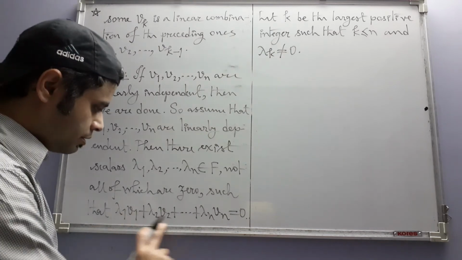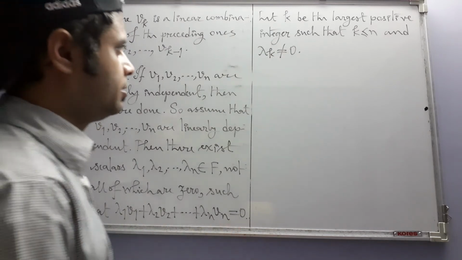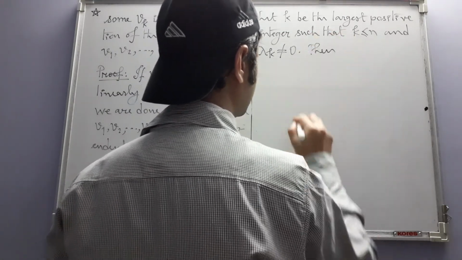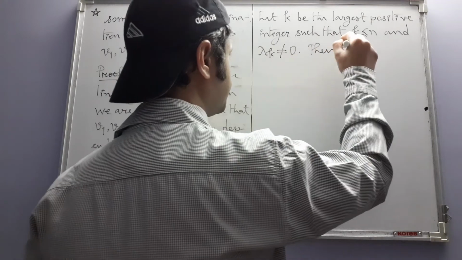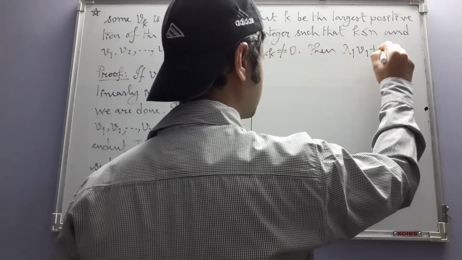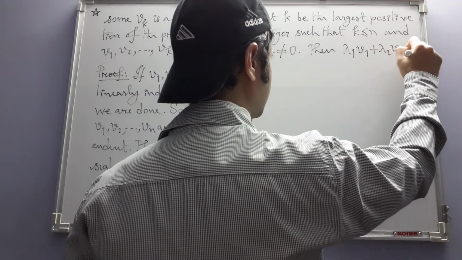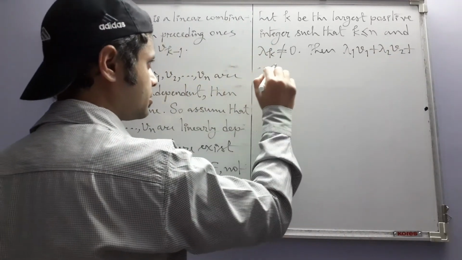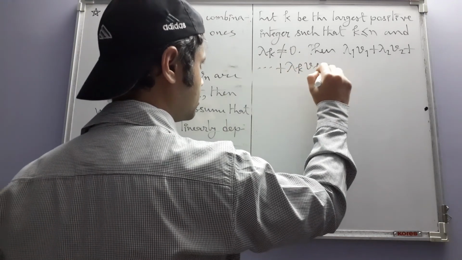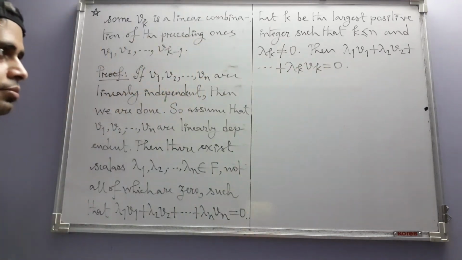We can then write this equation in a slightly different manner. Then lambda 1 v1 plus lambda 2 v2 plus etc. lambda k vk is equal to 0.